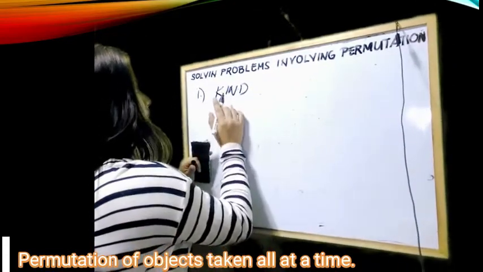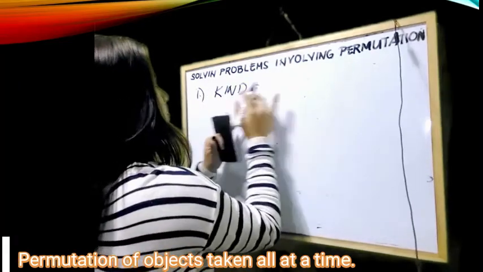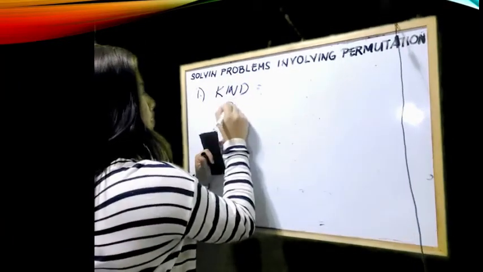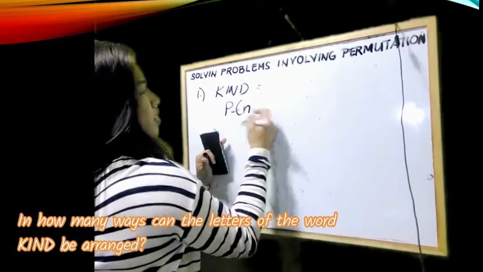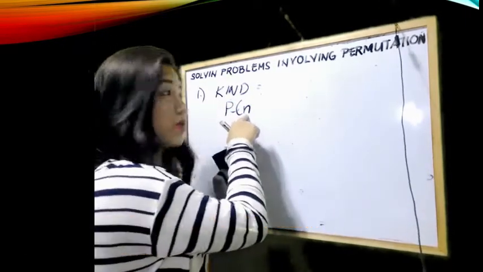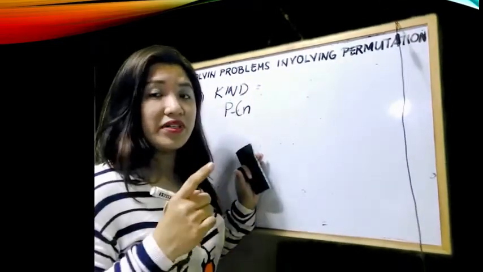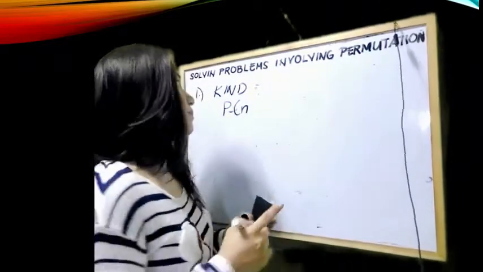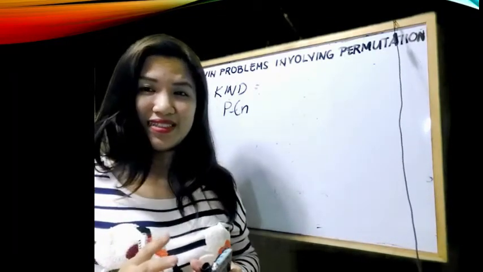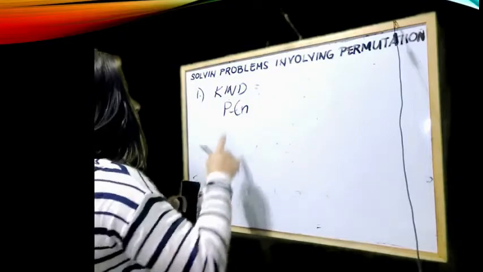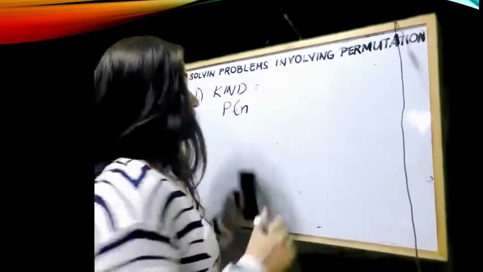Let's start first. How can we arrange this one? Our formula is P(n, r). Your n is the total number of objects in a set. Since we are using the word KIND as our given, we have 4 letters in it, so the number of objects is also 4, and that stands for your n.